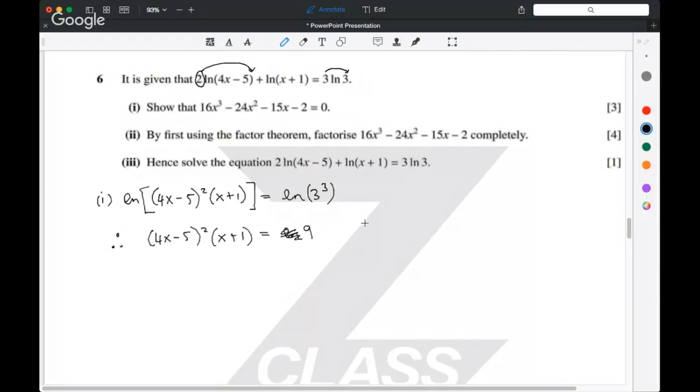Now I'm going to do something which might not be obvious, but it will help us over here. We can only do this if this thing does not equal 0, or less than 0. Actually, you know what?